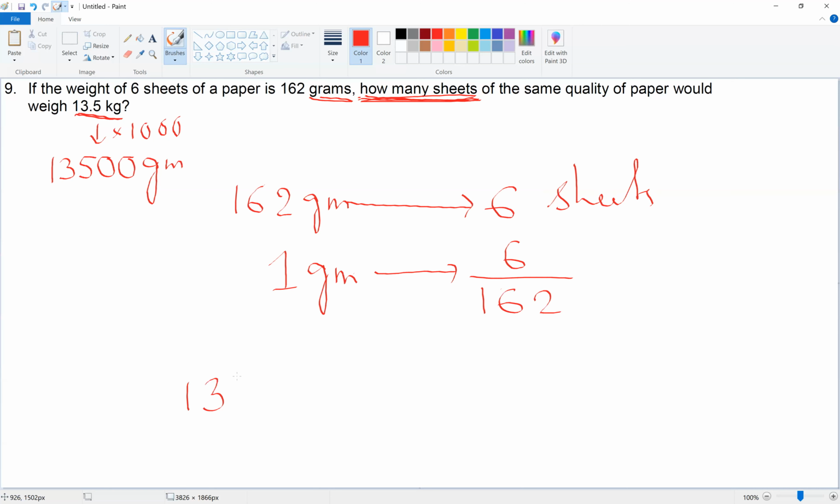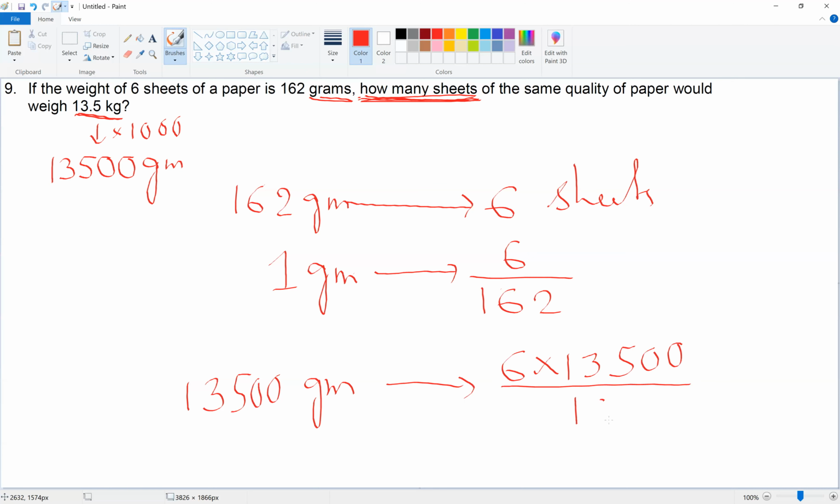Then 6 times that, and then over 162, and I got 500. 13,500 divided by 162 is 500.